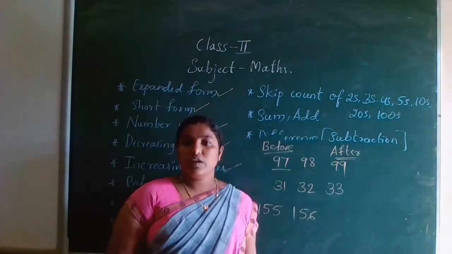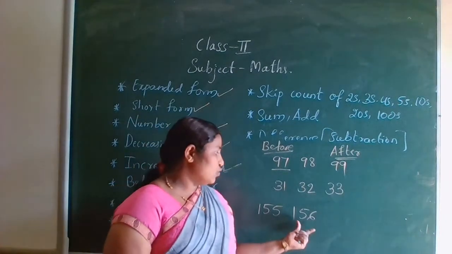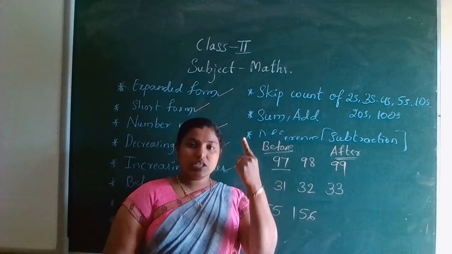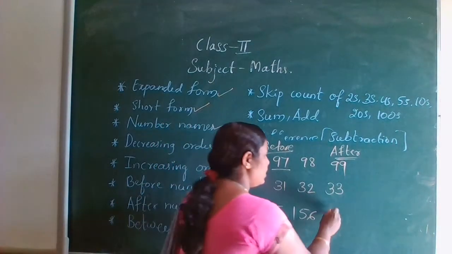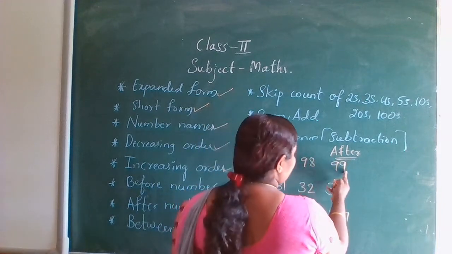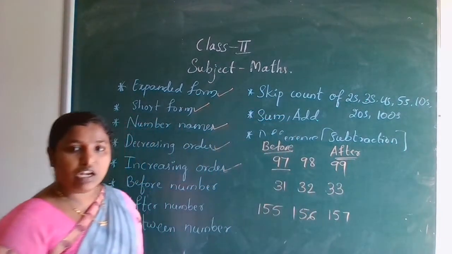After 156 what will come? 157. Or else you can do 156 plus 1, that is 157. This is just before, this is just after, and this is the middle number or between number.